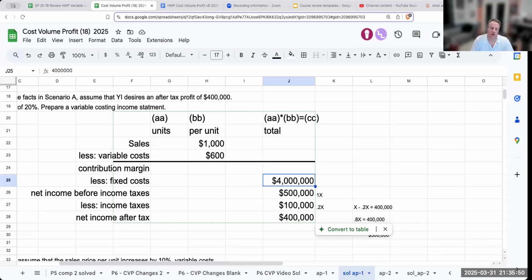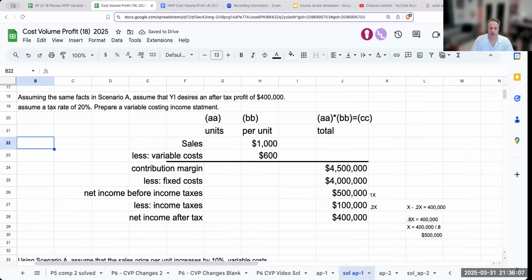So what does that mean? If my fixed costs were 4 million and I need to sell more to reach this 500,000, my contribution margin must have been 4.5 million. Remember the relationships over here. My sales minus my variable costs equals my contribution margin, minus my fixed costs gives me my net income before income taxes.